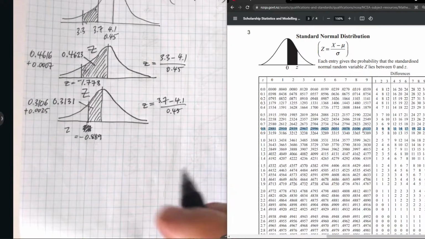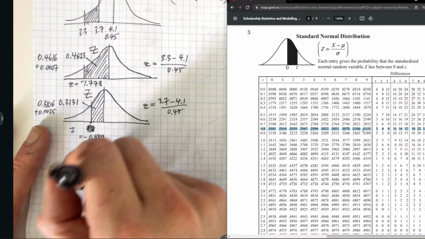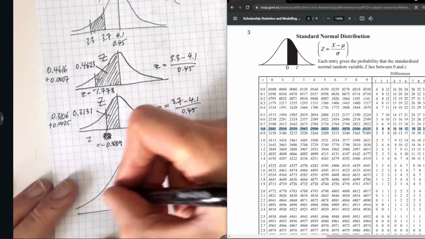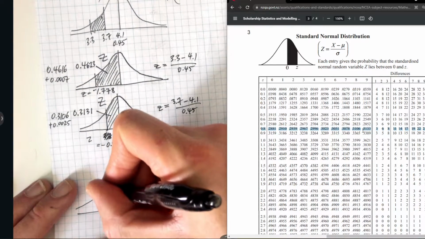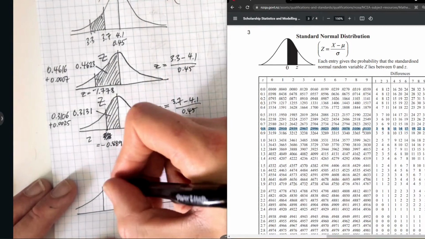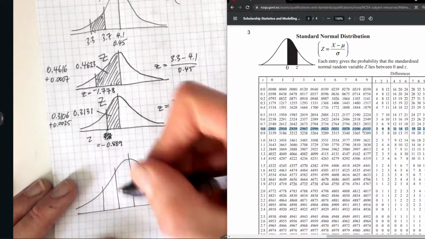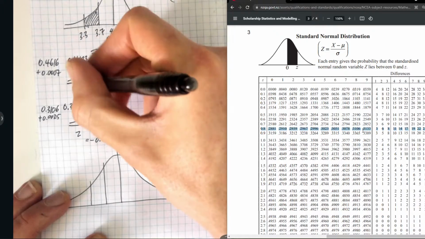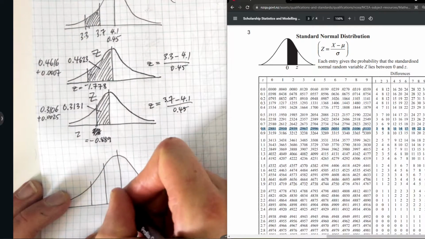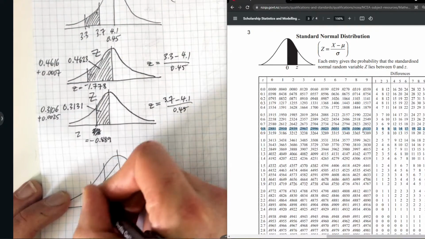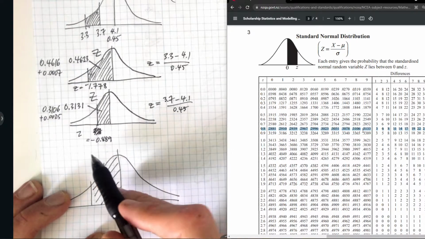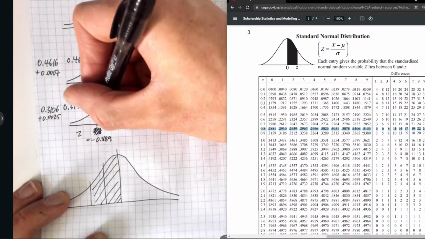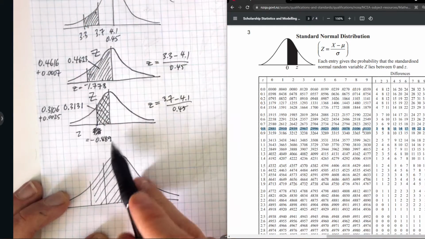This is the logic. If I am looking for the area between here and here, if I get this area here, that's 0.4623, and then I minus off this area here, I'm going to do this one like that, right?